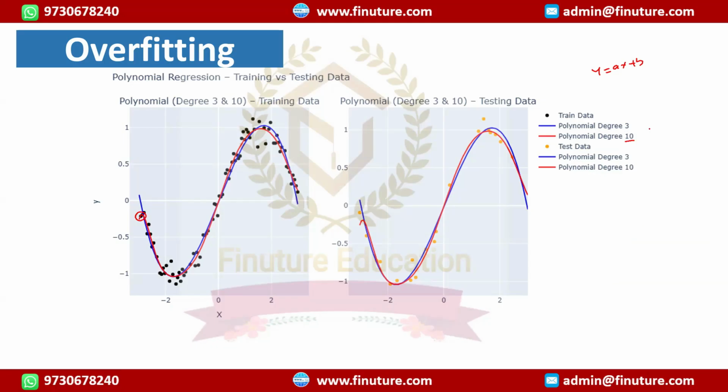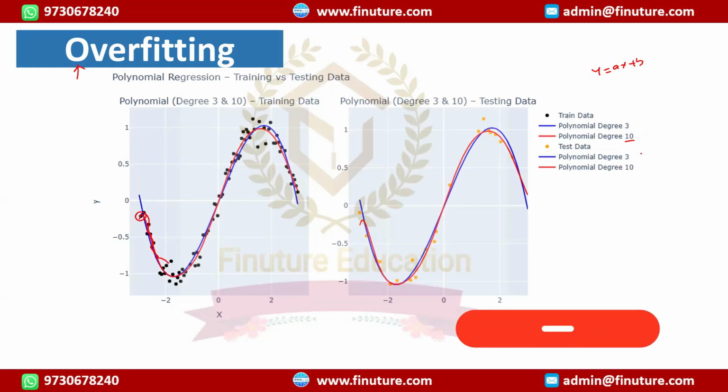If you go even higher, the curve may look like this, exactly capturing every point, but that would be somewhere around a 30-degree polynomial, just hypothetically. So the point I'm trying to make is that overfitting is when you go even higher, say a 50-degree polynomial, and it will capture all the points.